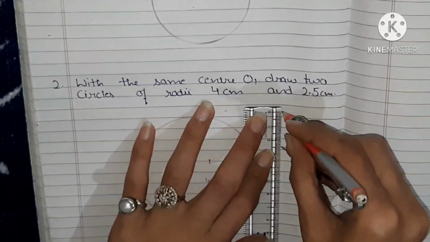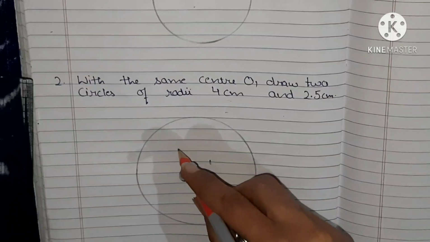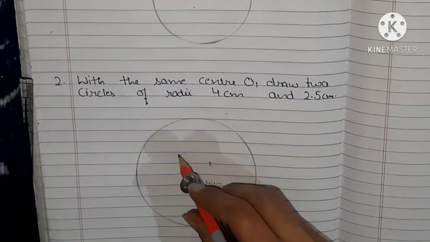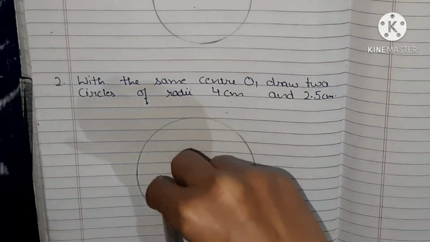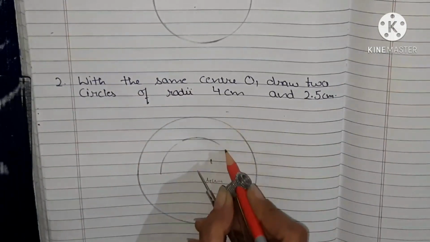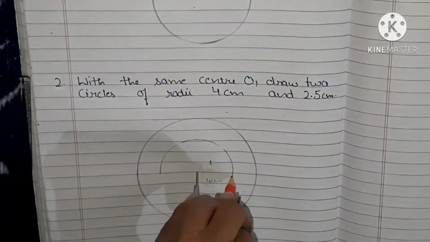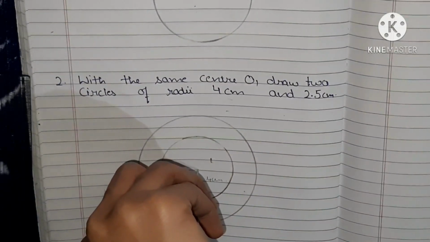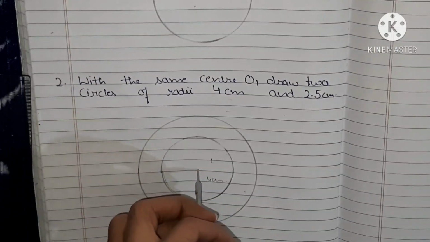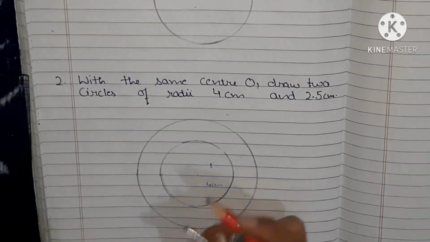We have to fix the pointed tip of the compass in the notebook, hold the needle arm gently and rotate the pencil arm to draw a smooth circle. So here we have a circle of radius 2.5 centimeter.